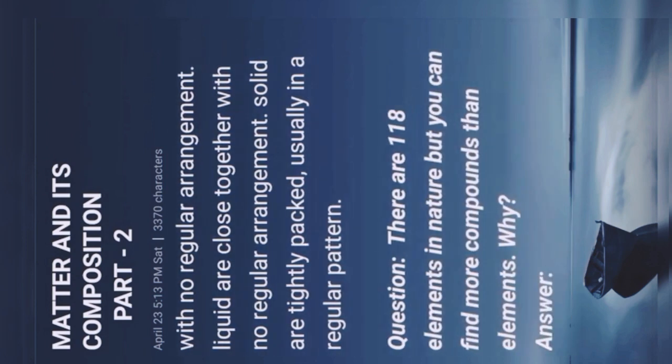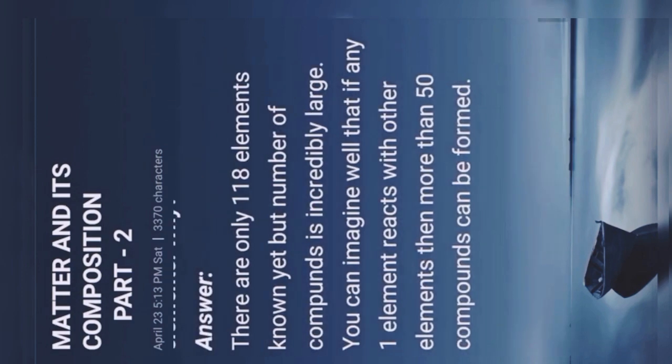Next question, there are 118 elements in nature, but you can find more compounds than elements. Why? There are only 118 elements known yet, but the number of compounds is incredibly large.